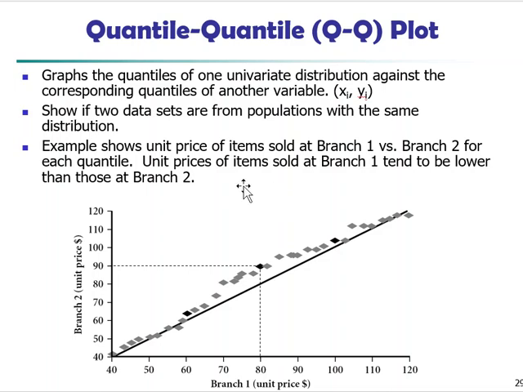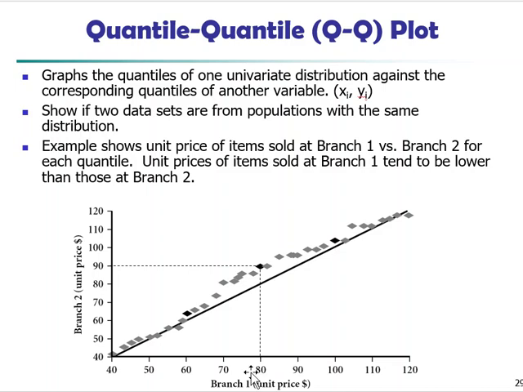So in this case, we have two variables, two univariate distributions. One is the unit price from branch 1 of our store. Let's say our store has n branches.